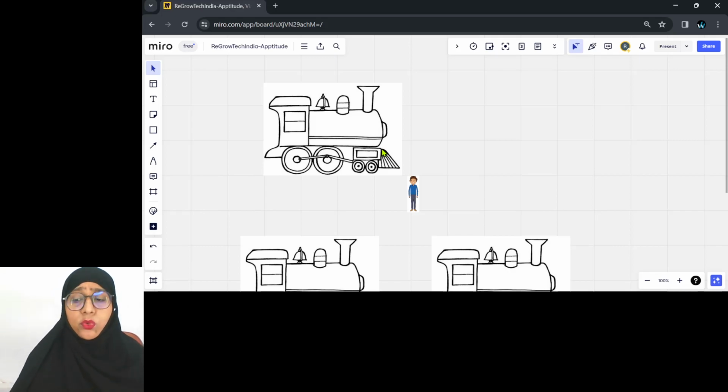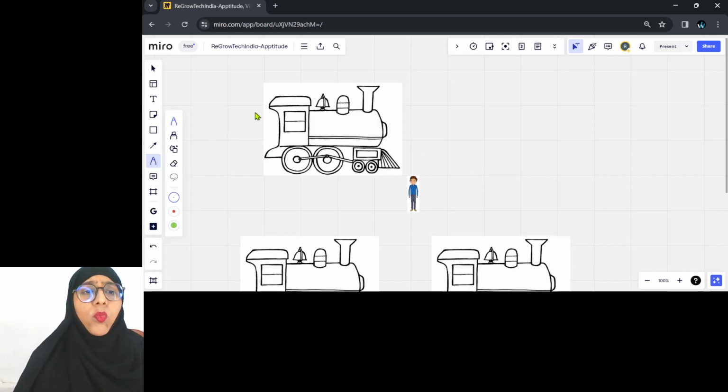So when it comes to what length the train travels in order to pass the man, it is the same as the length of the train. If somebody asks what is the distance that the train traveled in order to pass the man, then whatever is the length of the train is equal to the distance covered by the train to pass the man.